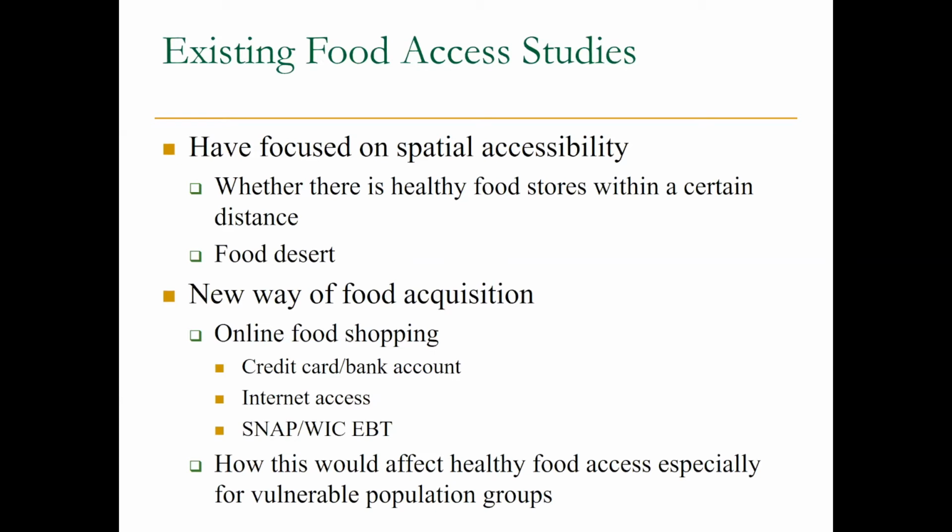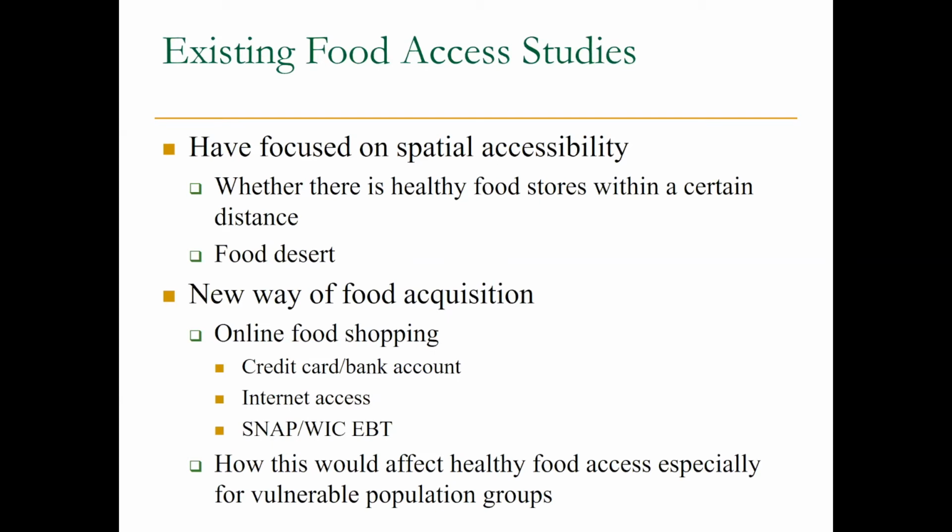For instance, this food desert definition heavily relies on whether you have a healthy food store or supermarket or grocery store within, say, a mile or 0.5 mile from your neighborhood, from your home. Because of COVID-19, I think we need to rethink how we should assess food access, because we might need new ways of food acquisition.